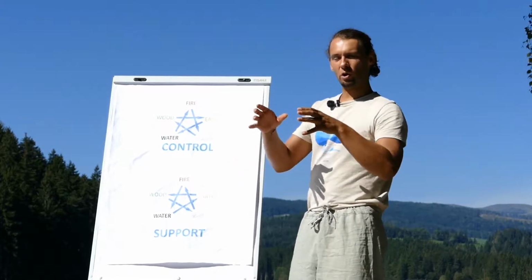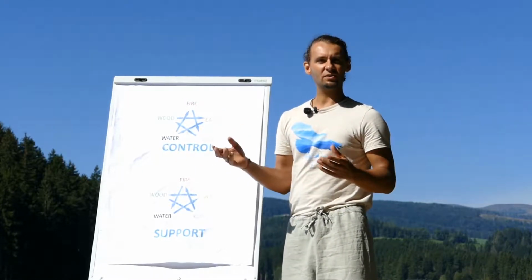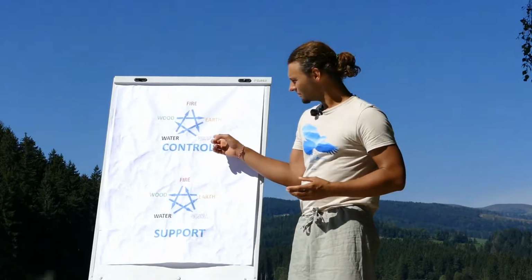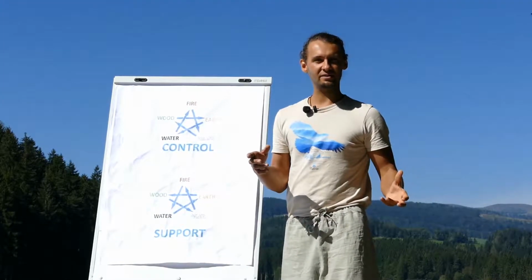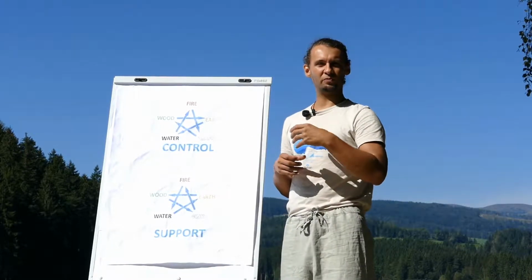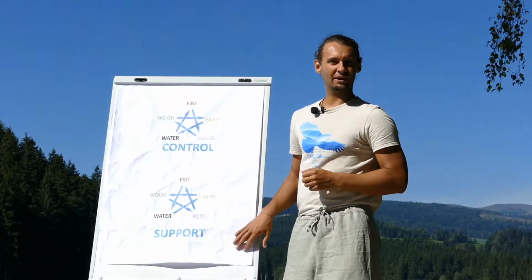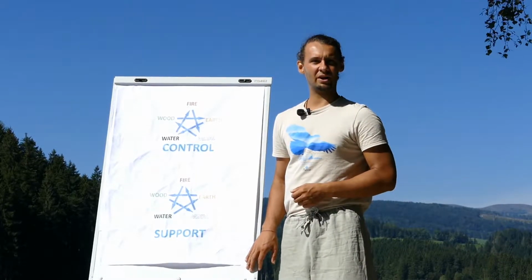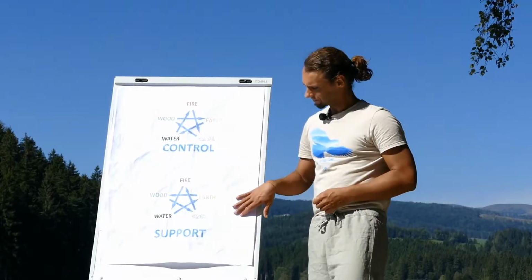So if you want to control one element because it gets out of control, what you need to do is check in the control cycle which one of the elements, representing a certain exercise in the Baduanjin set, do I have to perform more often, or at an increased pace, in order to control this other element or this other aspect in my life, in my physical expression, my psychological expression. So that's why the control cycle.